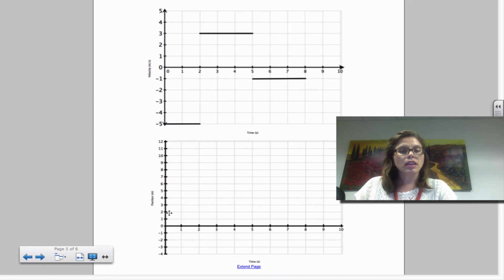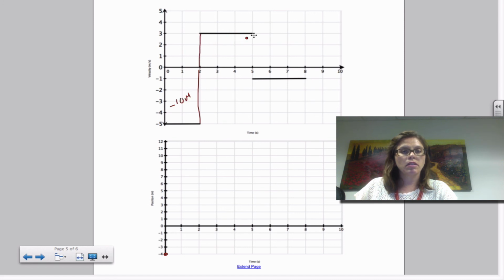So let's start this graph at -4. Let's just start at -4. So again, the area under the curve is -5 times 2, so it's -10 meters.